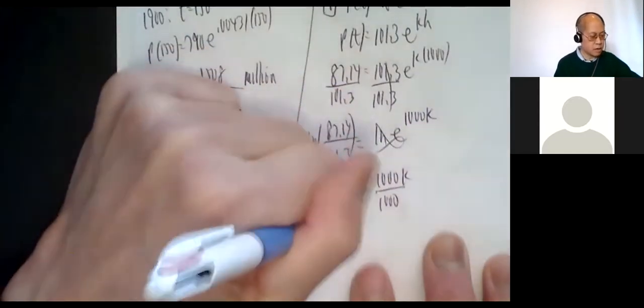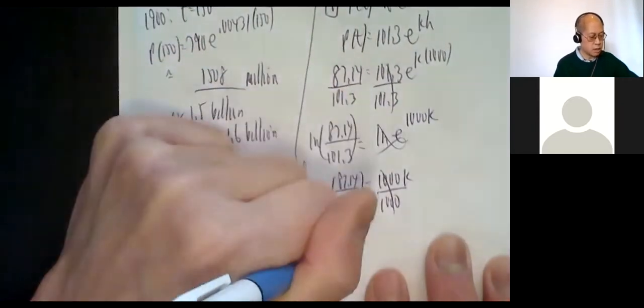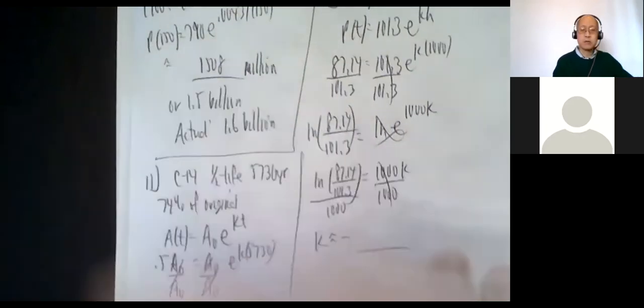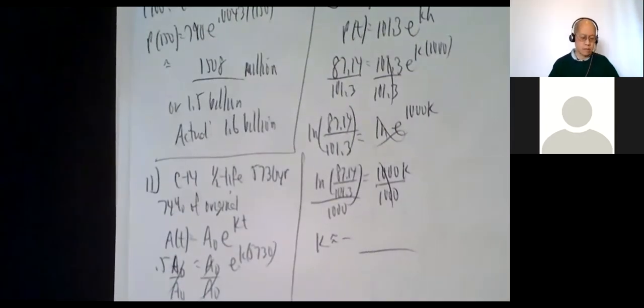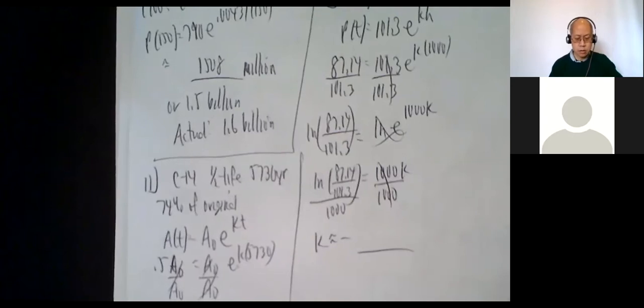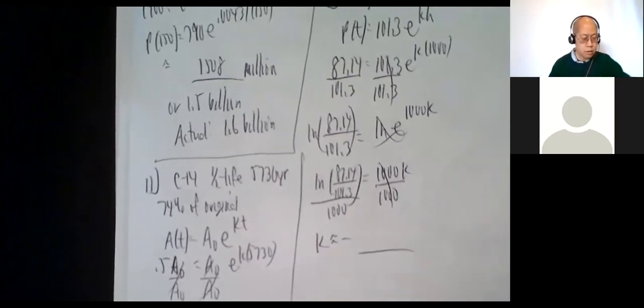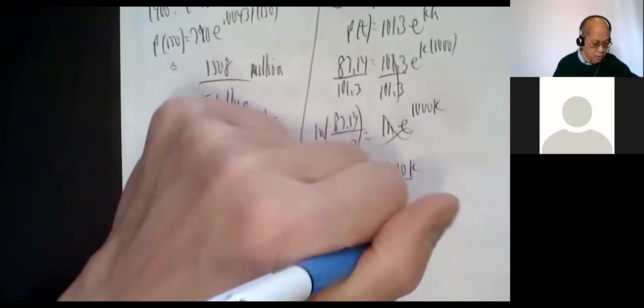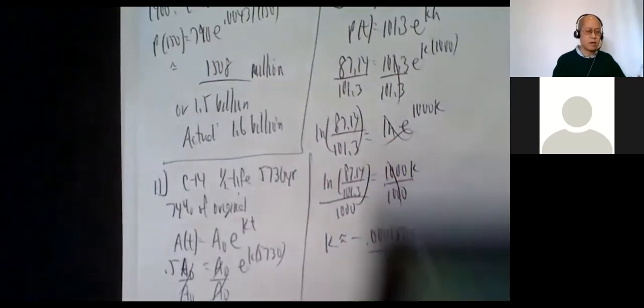Divide by 1,000. Punch it in the machine: ln of 87.14 divided by 101.3, then divide that by 1,000. That's negative 0.0001506.